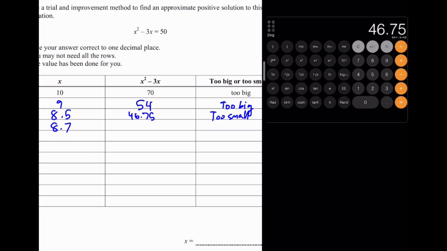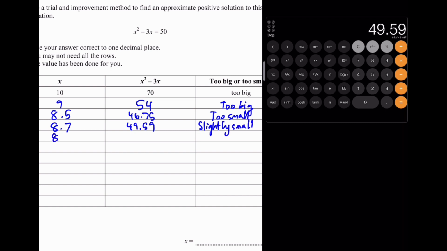We'll skip 8.6 because it won't be that much of an increase. So 8.7 squared minus 3 into 8.7, we get 49.59. You can see that's slightly small. Not too small, just slightly.